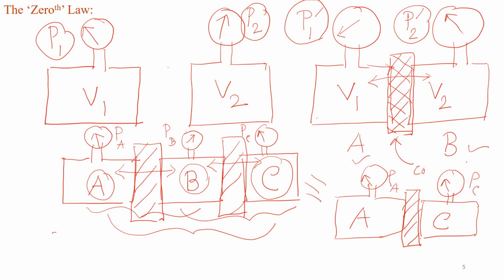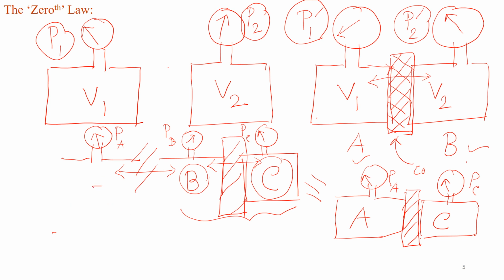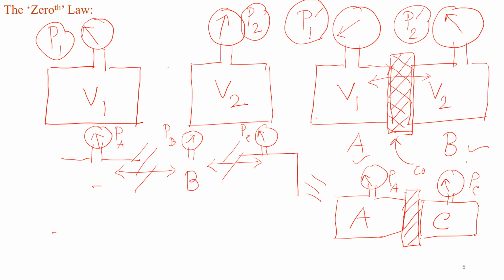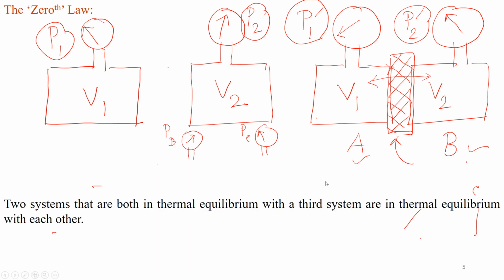So let us see the actual statement of the Zeroth law of thermodynamics. Two systems, which we chose as A and C, that are both in thermal equilibrium with a third system, which we chose as B, are in thermal equilibrium with each other, which means A and C are also in thermal equilibrium.